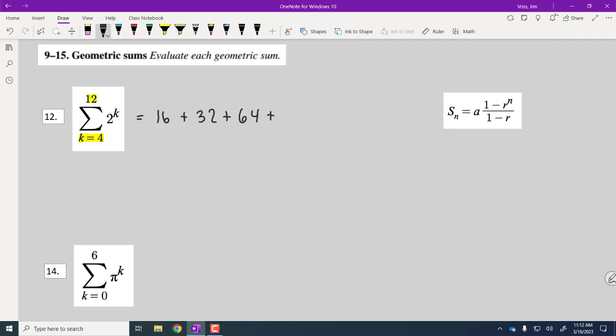And let's put our k value up top. There's k equals 4, there's k equals 5, there's k equals 6. This one's short enough that we can go all the way up. So we just keep multiplying by 2. 128, 256, 512, 1024.